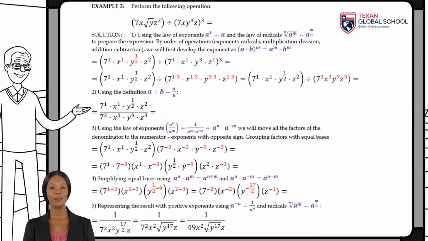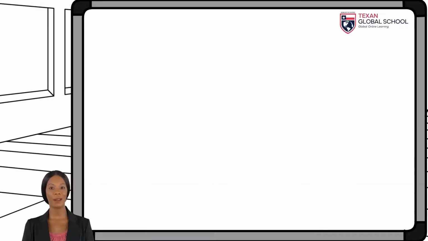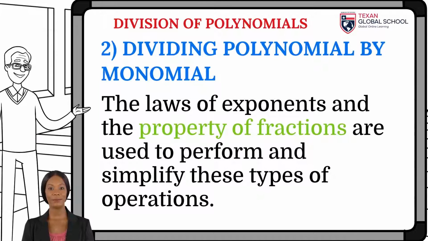Therefore, we move those factors with negative exponents to the denominator, and transform fractional exponents to radicals. Thus, we obtain a result of 1 over 49x squared, times the square root of y to the 17th, times z.